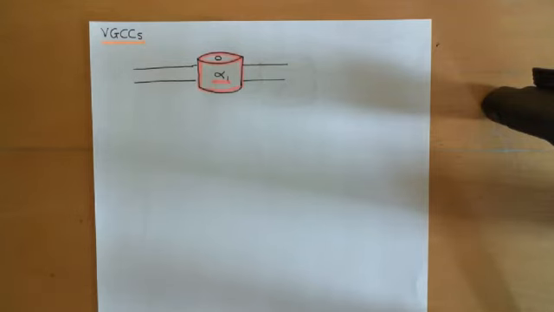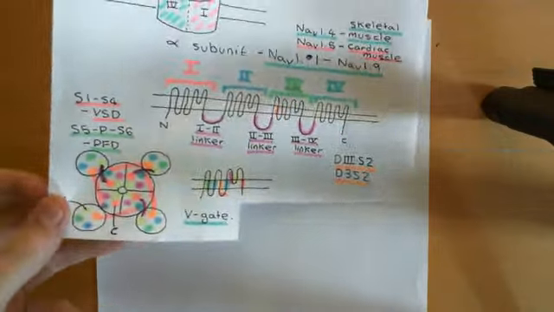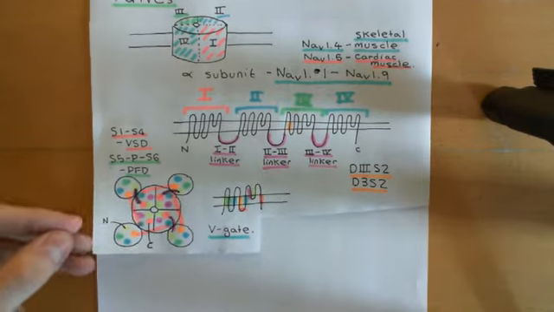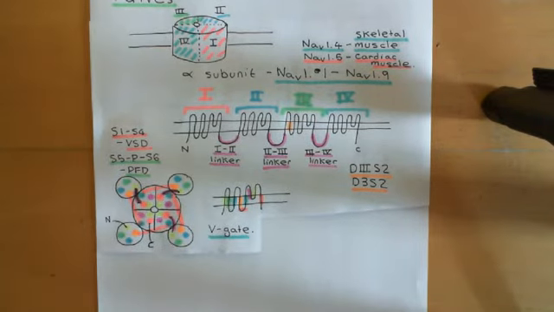In fact, they are incredibly like it. If you want me to draw out the picture of an alpha 1 subunit, I don't need to, because the picture is exactly the same as what we drew for voltage-gated sodium channels. I would just be drawing out the same picture again.